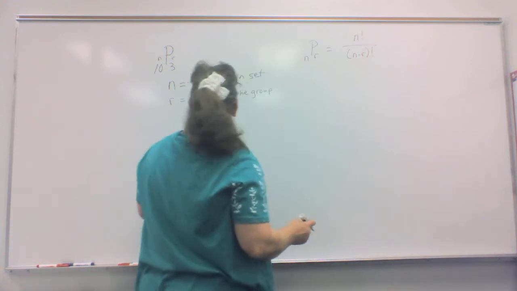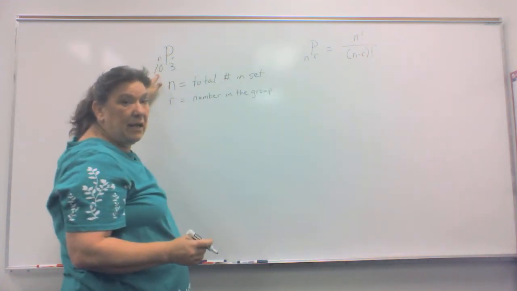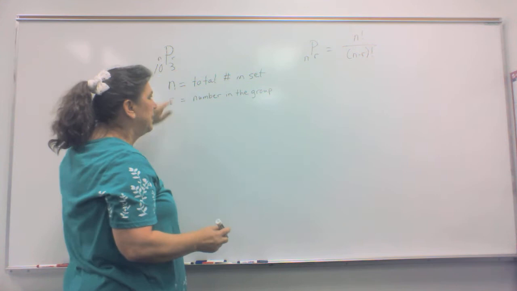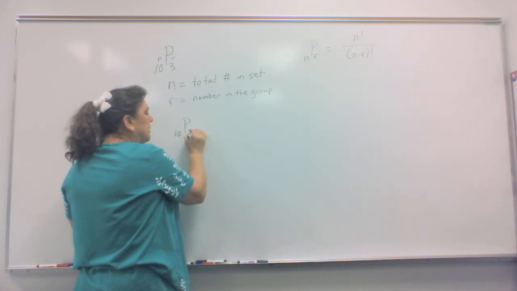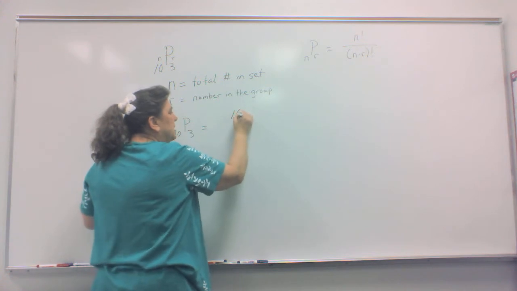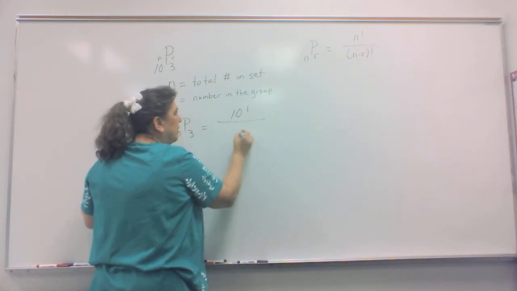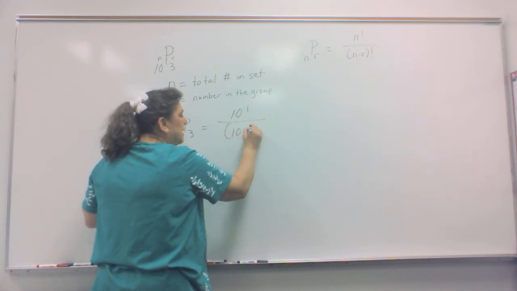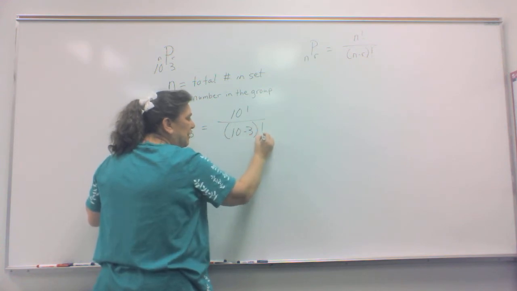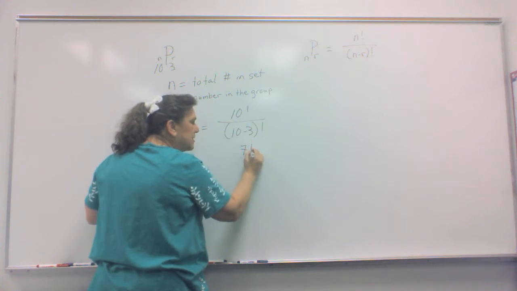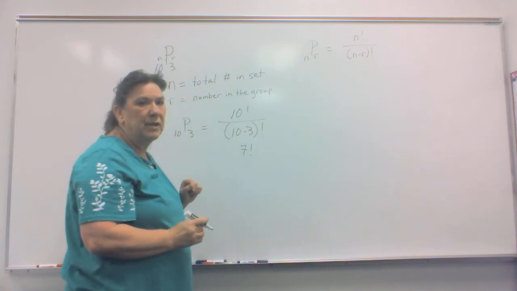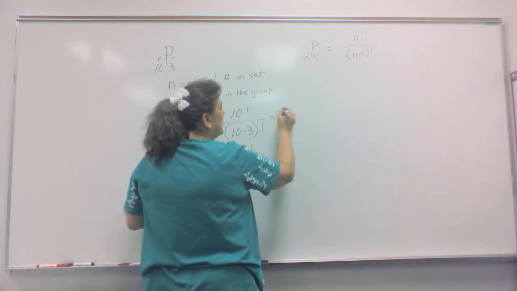Okay? So, since n is 10 and r is 3, permutations 10, 3 is equal to 10 factorial over 10 minus 3 factorial. Well, 10 minus 3 is 7, so the denominator is actually 7 factorial. So, let's start with our 10 on top.